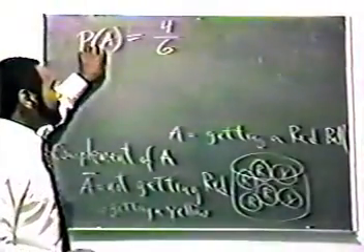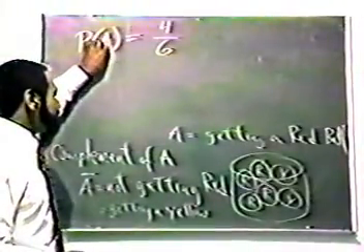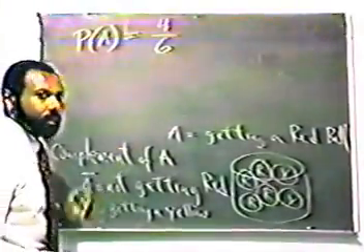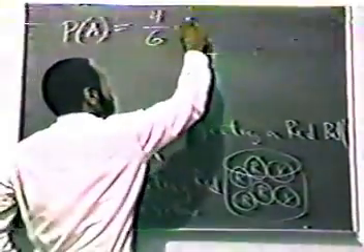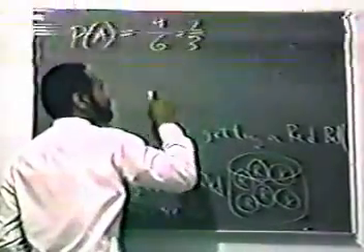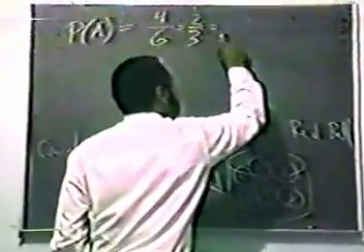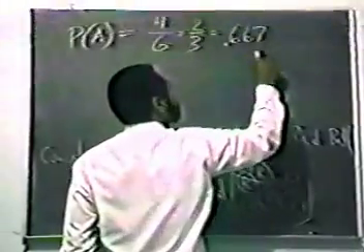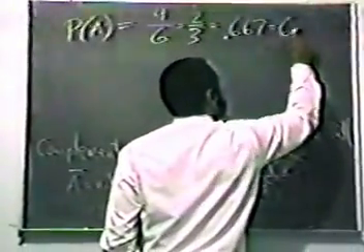This means that the probability of getting a red ball would be equal to 4/6, which of course we reduce to 2/3, and we can change it into a decimal, and we can change it into a percent.